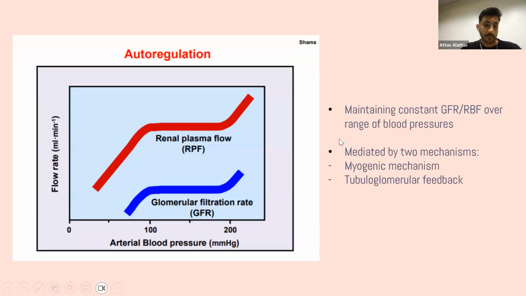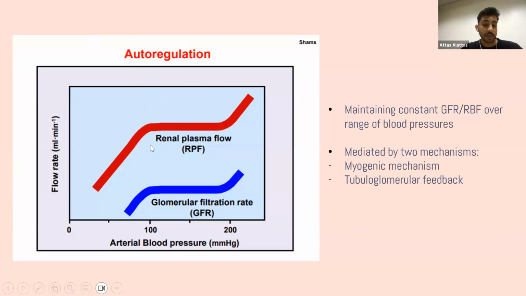So now we have talked about the two mechanisms, the myogenic mechanism and the tubuloglomerular feedback. These two mechanisms are used again in autoregulation. Autoregulation is what? It's a protective mechanism by the kidney.